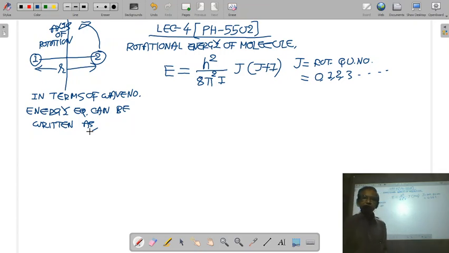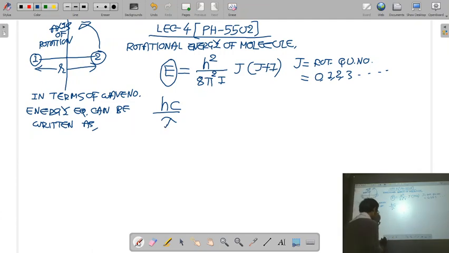Lambda is called wavelength and 1 upon lambda is called wave number. If you want to write this equation of rotational energy in terms of wave number, you have to put E is equal to hc upon lambda. This 1 upon lambda is called the wave number.